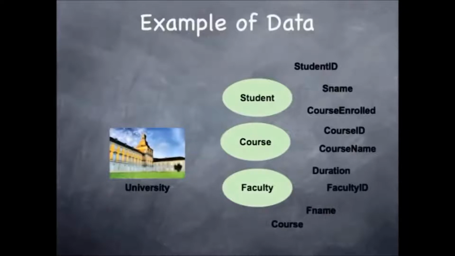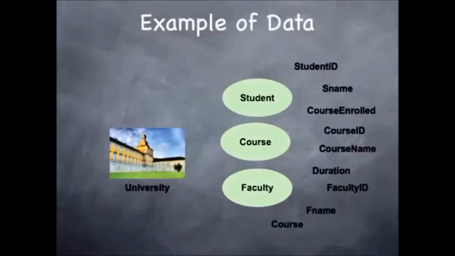Now, let's consider this example of a university. We know that a university is a place of learning, and the types of objects relevant to a university would include students, courses, and faculty. There are three entities that have been described on this slide: the student entity, the course entity, and the faculty entity.